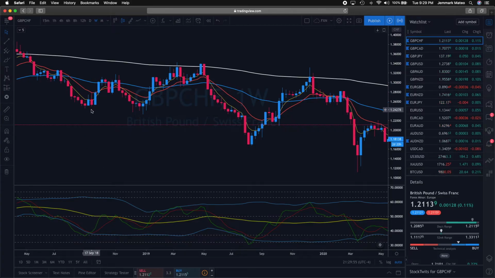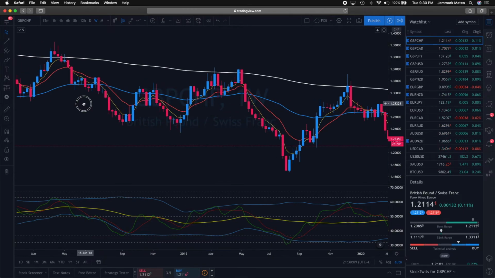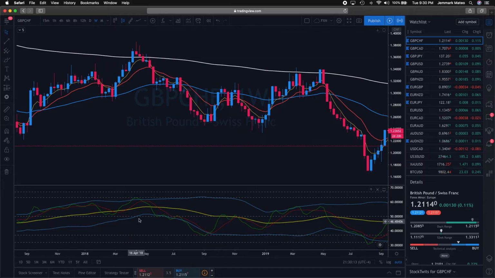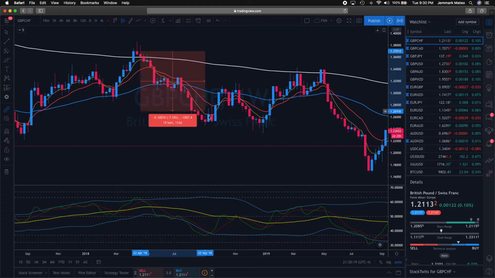This may not look like a big move, but in reality, this move is well over 500 pips. They may look small, guys, but we're talking 500, 700, 800 pips. This one here, look, extreme reversal. This one was over 1100 pips. Do you see what I mean?